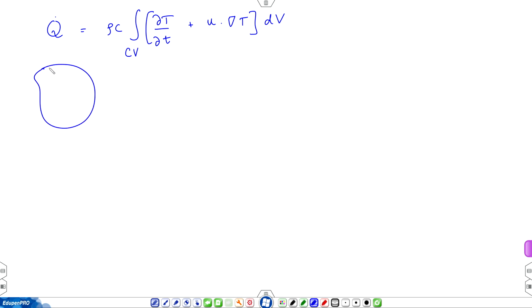So, this is the control volume, this is the unit outward drawn normal. So, what is the expression for Q?